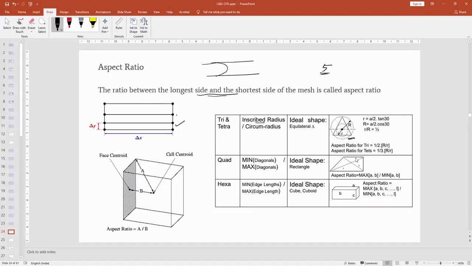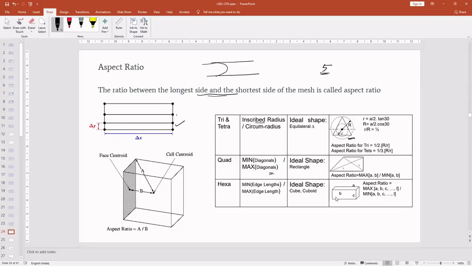Also, when it's for a quadrilateral element, when the mesh is unstructured mesh, we can't expect all the elements to be squares or rectangles. In such cases, the ratio of minimum diagonal by maximum diagonal will be taken as aspect ratio.